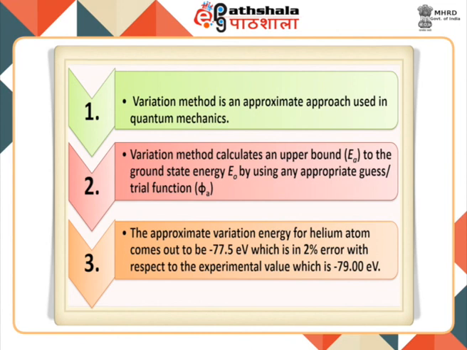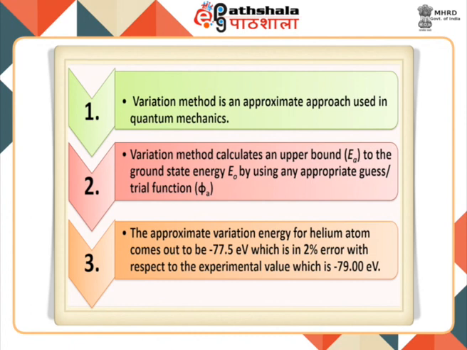From this, we concluded that variation method calculates an upper bound Ea to ground state energy E naught by using any appropriate guess or trial function psi a. The success rate of variation method depends on the choice of appropriate guess function.